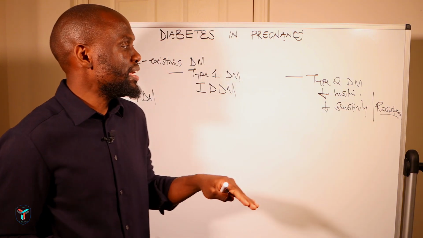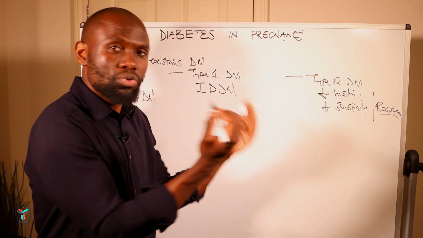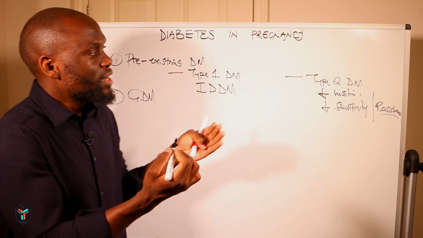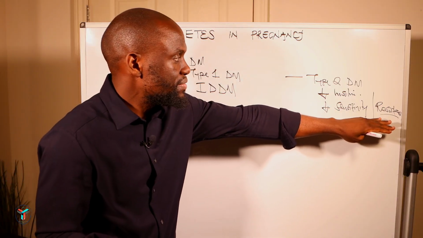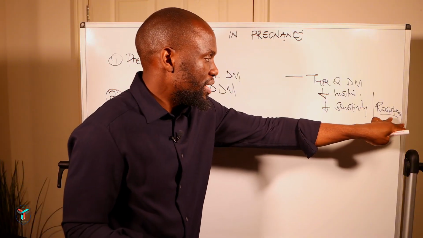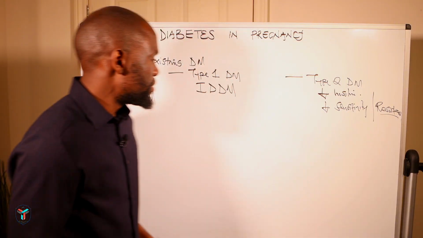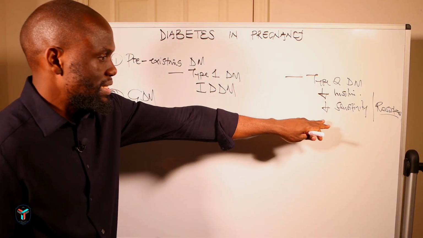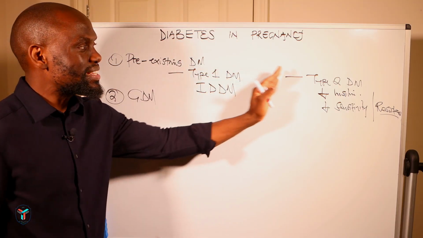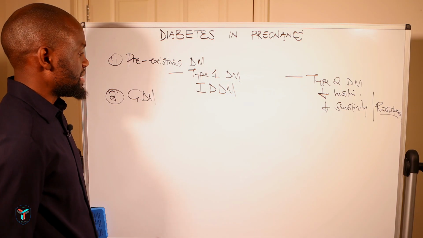The insulin being produced could either be inadequate to bring about utilization of the glucose, or the sensitivity of the insulin itself is reduced, thereby you end up with more resistance, and so the glucose in the body is not being utilized. So that is for pre-existing diabetes mellitus.